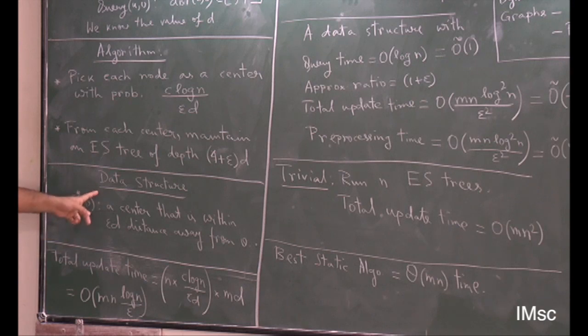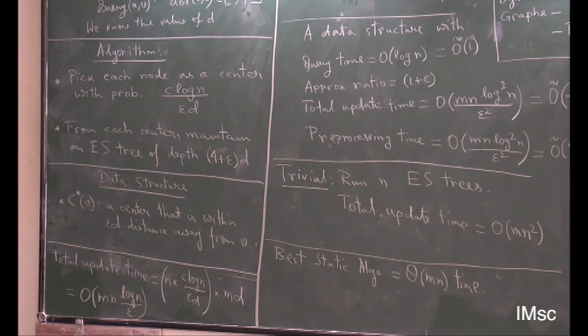We have not taken care of one other thing, the data structure. How will you maintain this? This is just the cost for maintaining the Even-Shiloach trees. In addition, I am saying that for each node v, you need to maintain a pointer that will point to a center, if any, which is close to v. You have to update this pointer, right, because the distances are changing, they are increasing. Anyone? There are at most n by C log n by epsilon d centers.